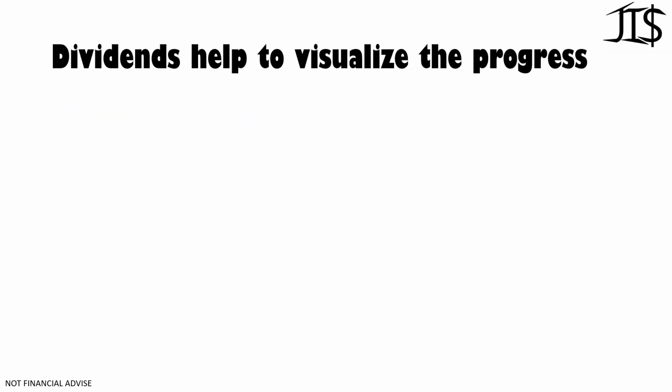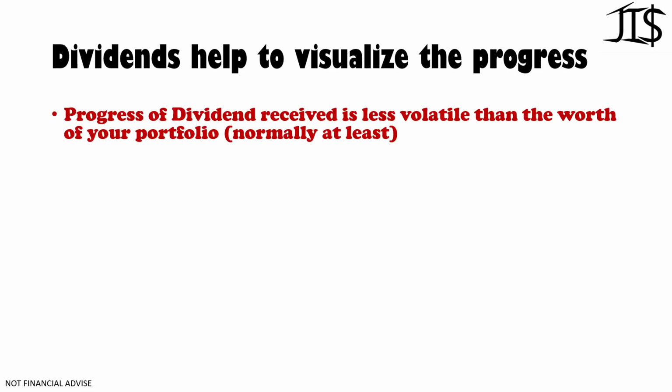And that's why I love dividends when I do CCA, because they help to visualize the progress. So the progress of your dividends received, that's way less volatile than the worth of your portfolio. So normally, at least, because it can be that when you invest in individual stocks and one of your stocks in the beginning stops paying dividends, that your dividend payments go down. But with investing in ETFs, there you already have a diversification.